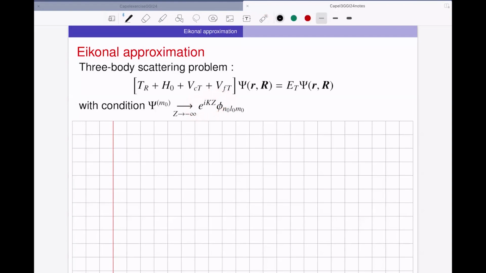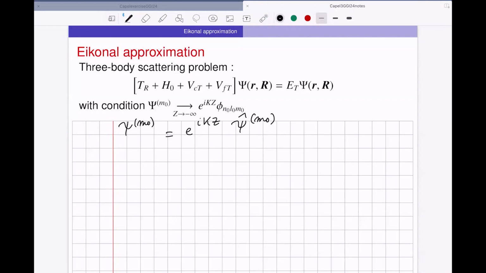And so the idea of the Eikonal approximation is, let's take that into account and simplify the problem, and let's factorize that plane wave out of the wave function. So you take this wave function, factorize the plane wave out of it, and define a new wave function that I call here psi hat.